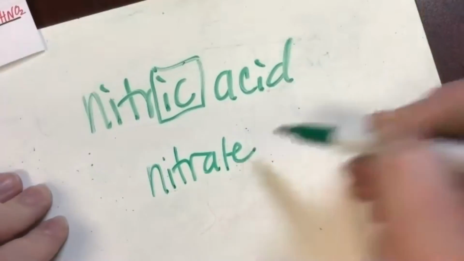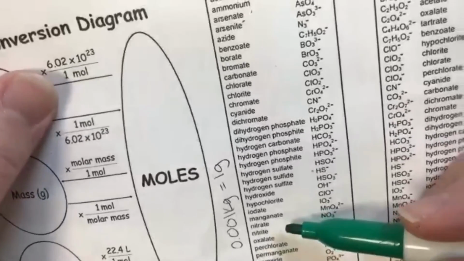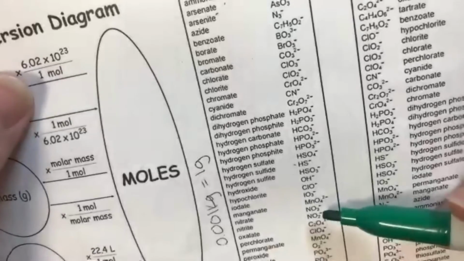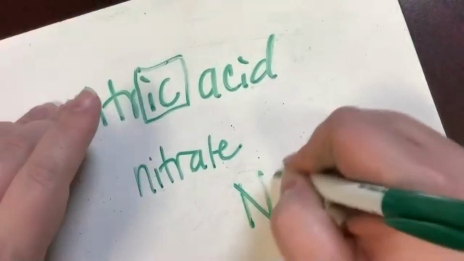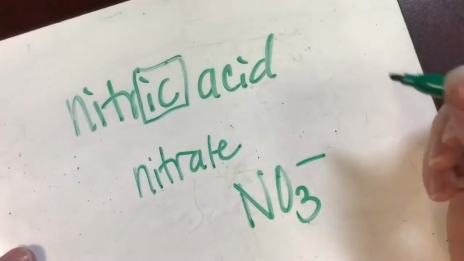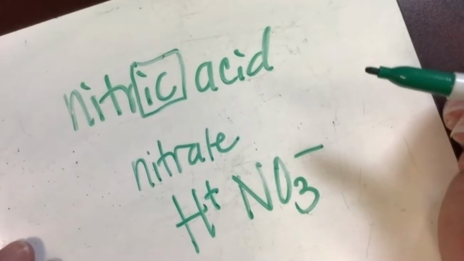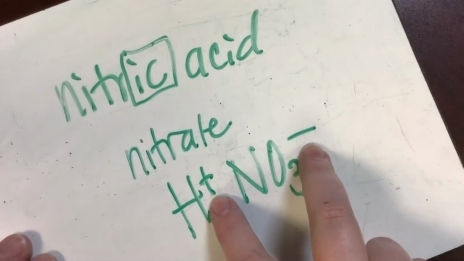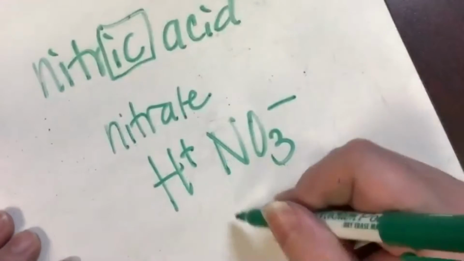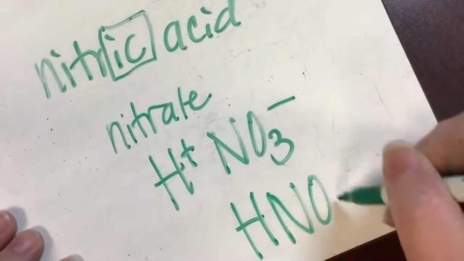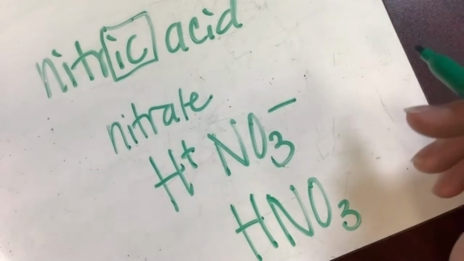Well, if you look at the formula on the back of the periodic table, where is nitrate? There's nitrate right there. Nitrate is NO3 minus 1. All I do now to make it an acid is put that H on the front. That's all I got to do. These two, plus 1 and minus 1, cancel each other out. So your formula is HNO3.